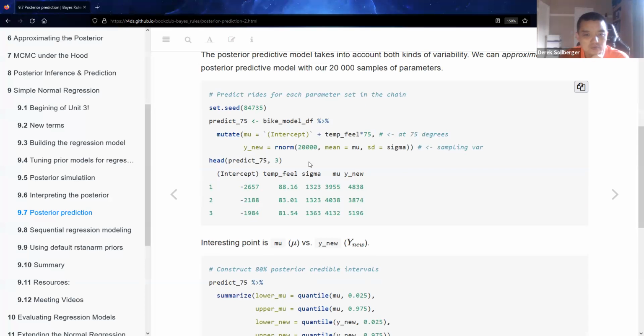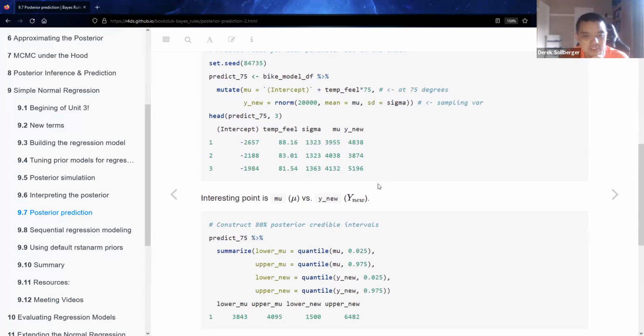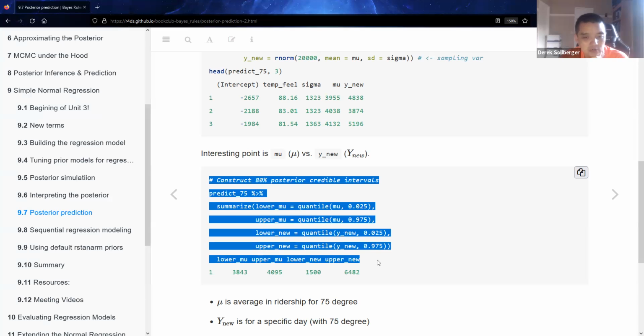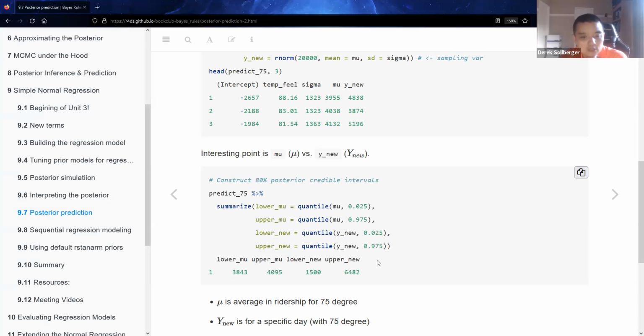When we go through and get what was simulated with these ideas in mind, the folks in the previous cohorts did this quick extraction, looking at the 80% credible intervals for both mu and this y new variable.